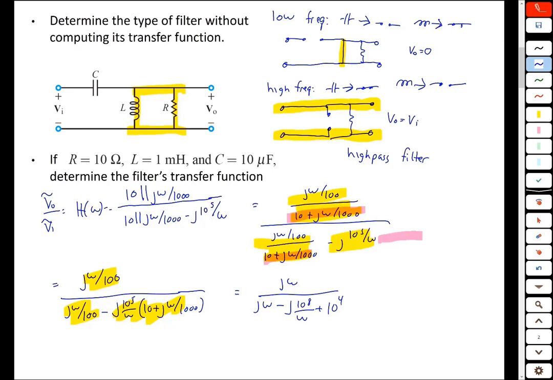Finally, let's multiply the numerator and the denominator each by omega to get our final answer of H of omega is j omega squared over j omega squared minus j 10 to the 8th plus 10 to the 4th omega, which we can now rewrite in our final form, j omega squared over the real part of the denominator, which is 10 to the 4th omega, and then combine the j terms, plus j times omega squared minus 10 to the 8th.